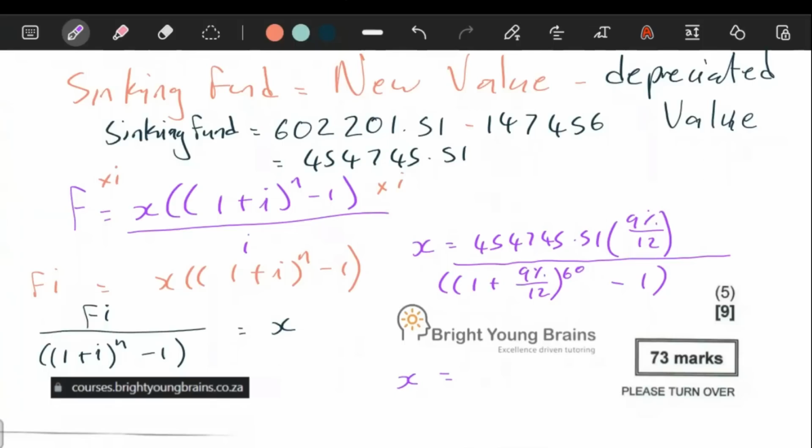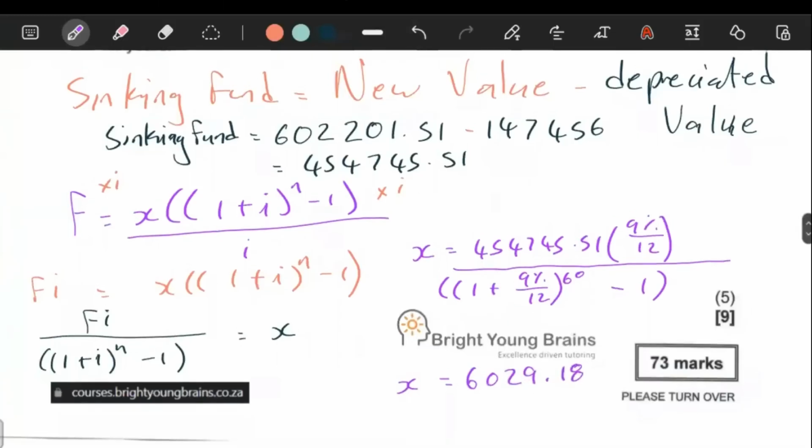And this is minus 1. So the answer you're going to put here is 6,029.18 if you round off to 2 decimal places. So that's okay. You see, this is how much you should be paying.